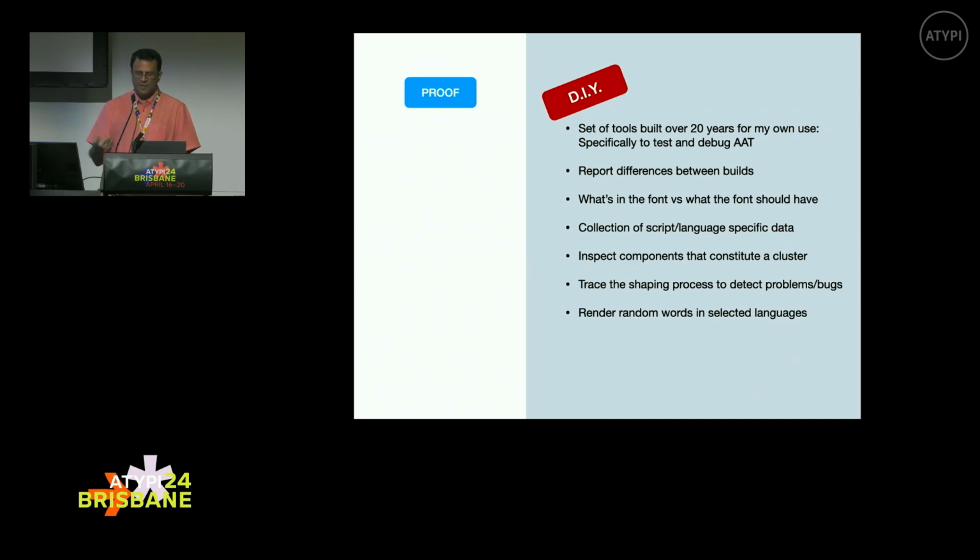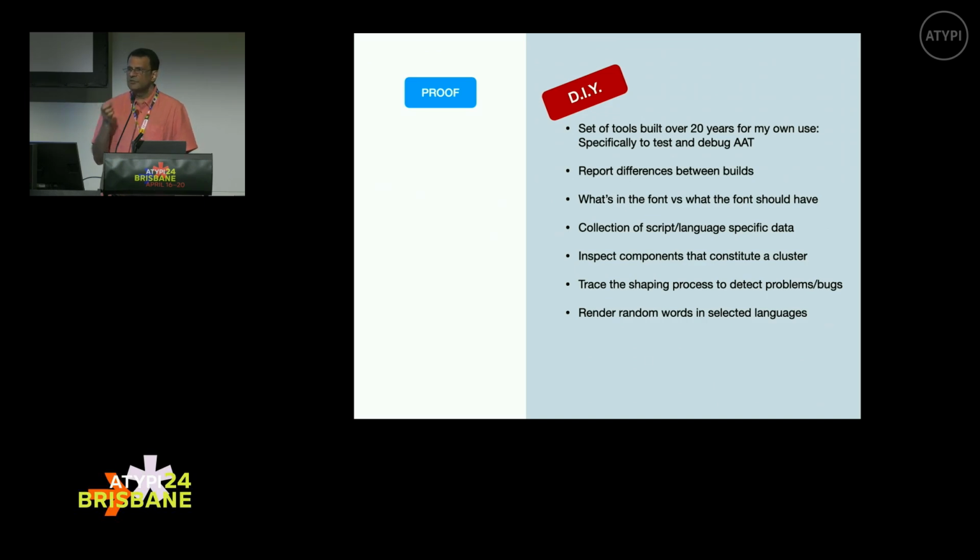I want to be able to report differences between builds, as I said, what's in the font versus what the font should have. I need a collection of script-based and language-based data, since there's a lot of script grammar-related rules in these languages. I want to inspect all the components that constitute the cluster.